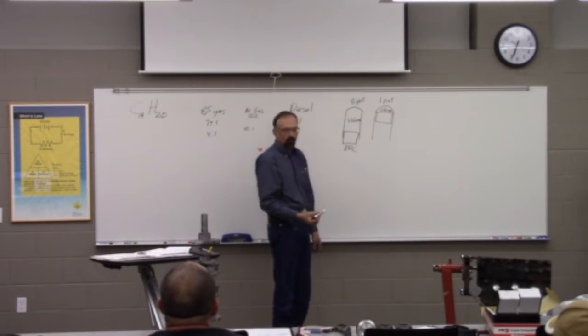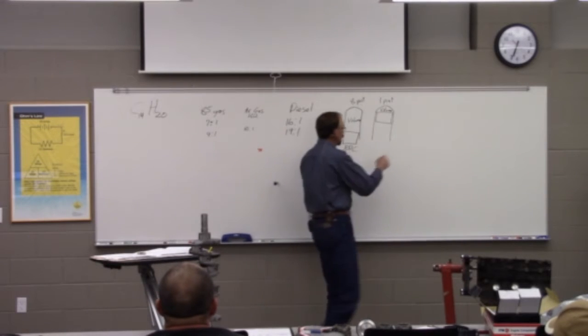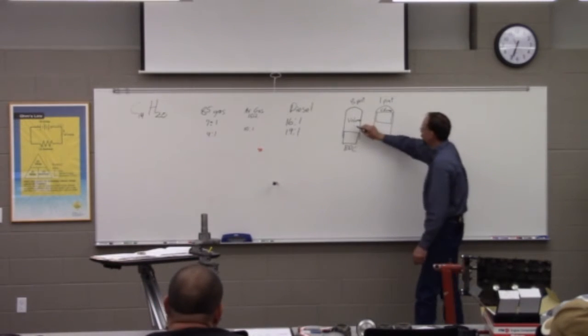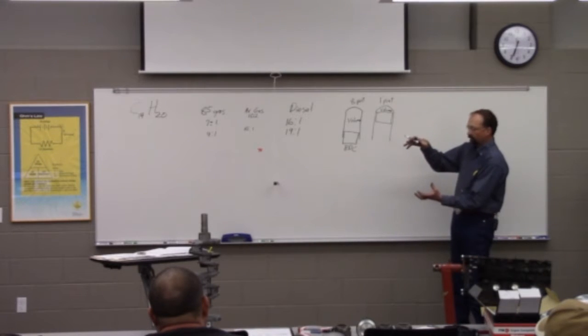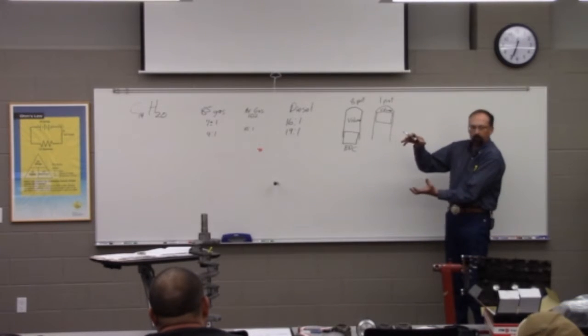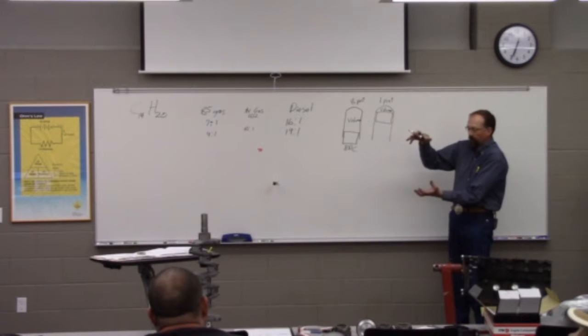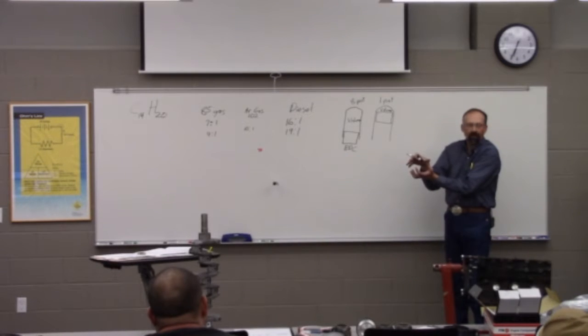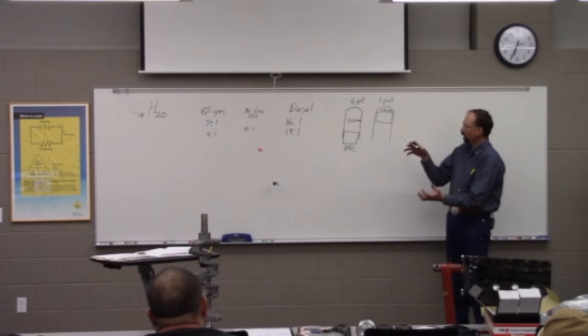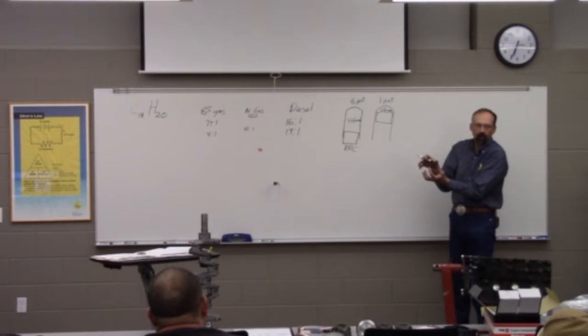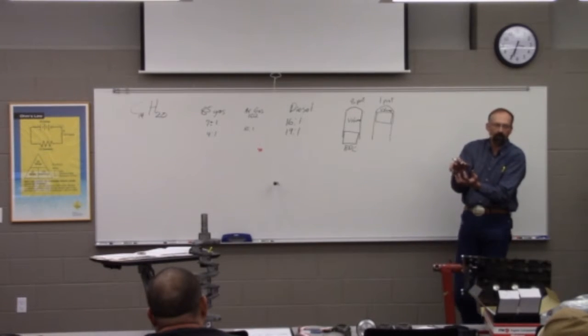Does that make sense? Now, one other thing to think about is when we're compressing that, like we talked about last week, we're taking this much air that's 20% oxygen and compressing it, so we're condensing our oxygen or raising the concentration level of it. But we're concentrating everything else in there too, including the heat energy.